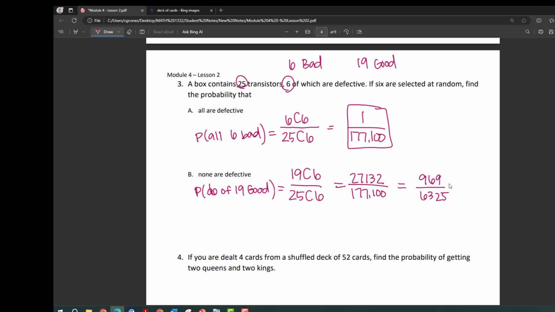So you can do it like this, and just read the directions of Pearson. They might want it as a fraction, or they might want it as a decimal. If it's a decimal, then it'll be 0.1532.